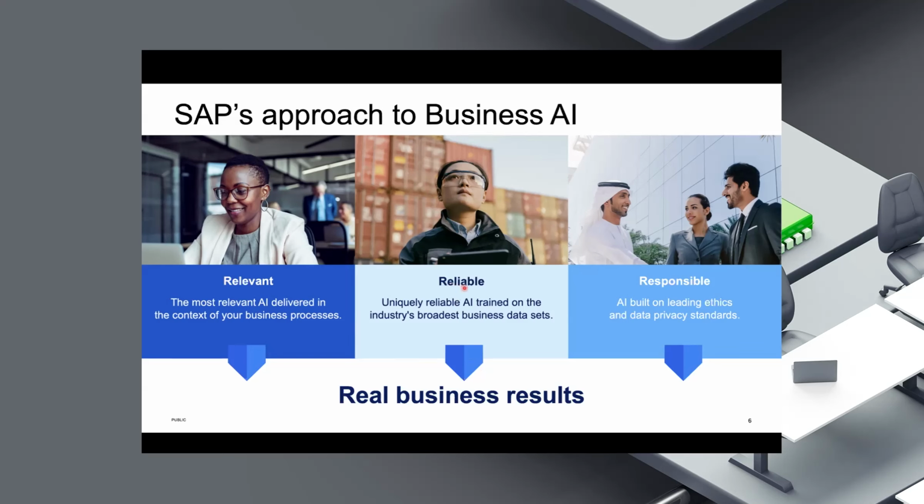Then it's very important that an AI is reliable. The thing with GenAIs is that they're creative. That's why it's called generative. That's why they can talk to us and create poems and write even music or make a picture. However, in the world of business, you want to be reliable and not creative.